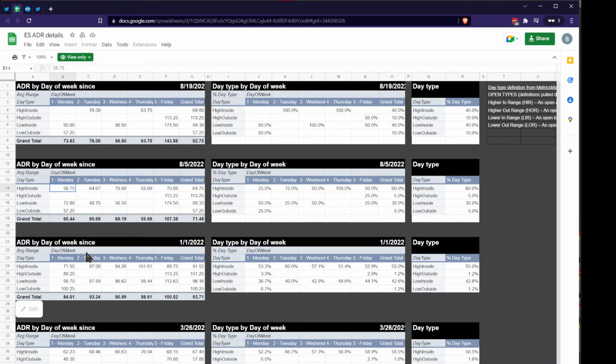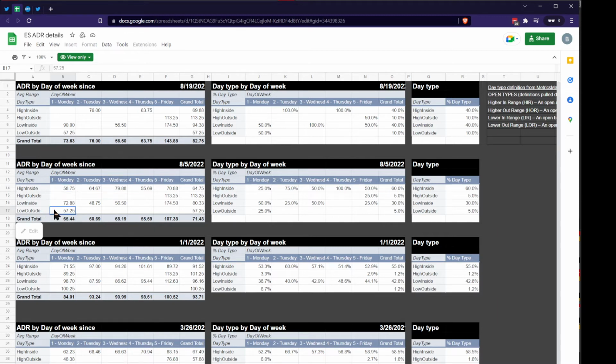Since the beginning of August, it looks like we had one. Again, ES is the futures mechanism that drives things, and SPY tracks the S&P. The last several weeks have been lower inside, meaning we are opening within the previous day's range, but lower than the close.